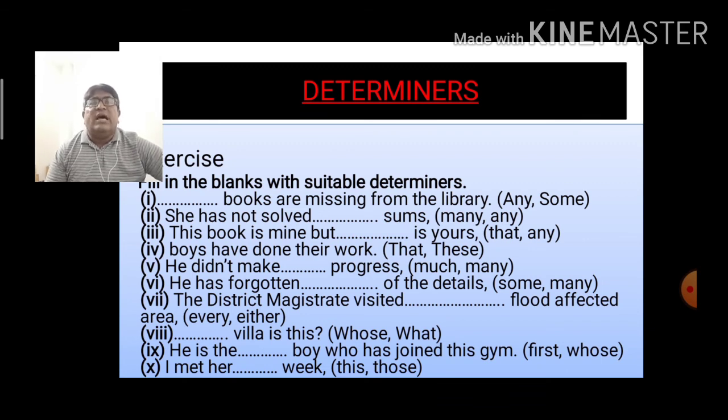And ordinals are first, second, third, fourth. These ordinal numbers are also called part of determiners. So he is the first boy who has joined this gym. I met her this week, meaning this current week. So this is the exercise which we have done in this video.